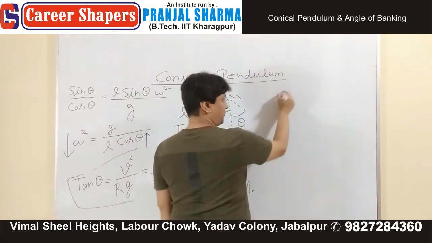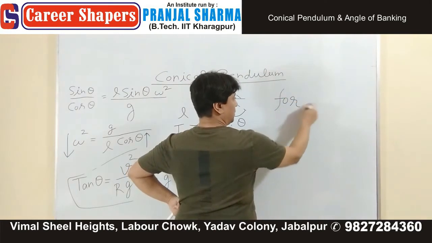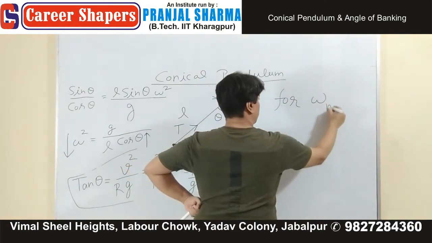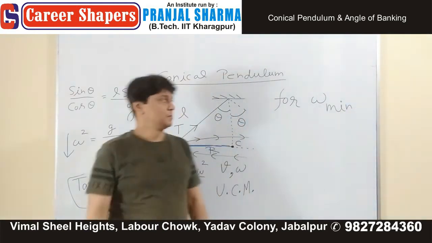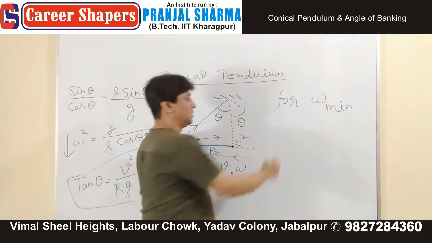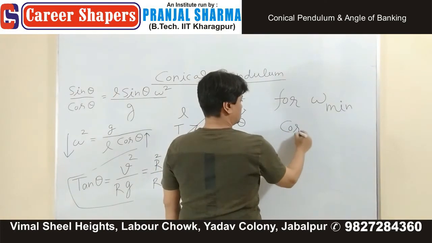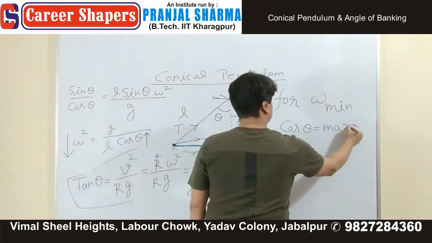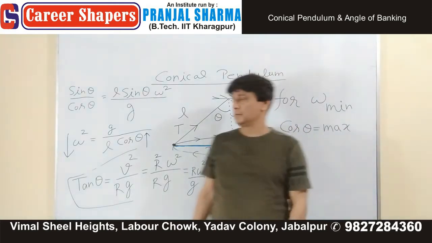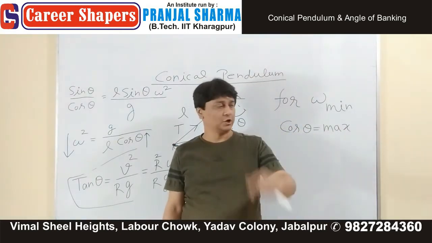That means for omega minimum, cos theta should be maximum. And then I'll produce the logic also.